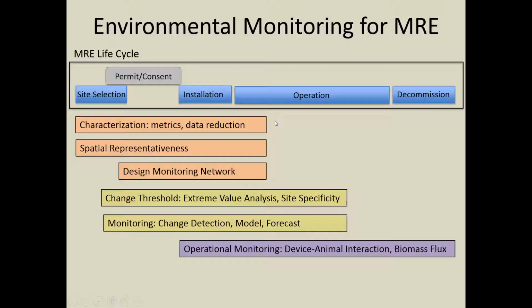And I'm going to adopt extreme value analysis, and we'll look at site specificity to see if it is generically possible. And we'll get more to the monitoring, where we're going to look at change detection, modeling, and forecasting. And then introduce you to a bit of software that we're developing, which enables real-time device-animal interaction and the looking at biomass flux.